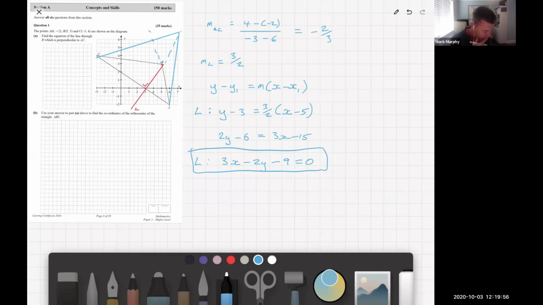I think it's the perpendicular. Oh yes, I know what it is now. So it's the perpendicular distance from here, A, isn't it? Let's look at what we did here with B. We got the perpendicular from the opposite through that point. So let's do the opposite here.